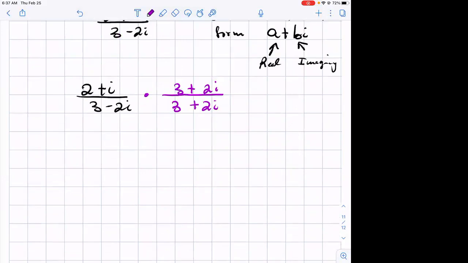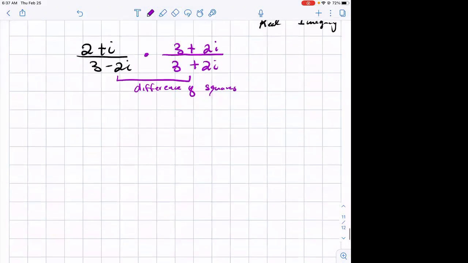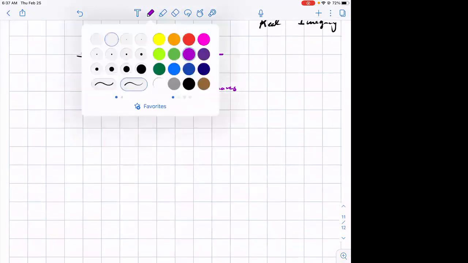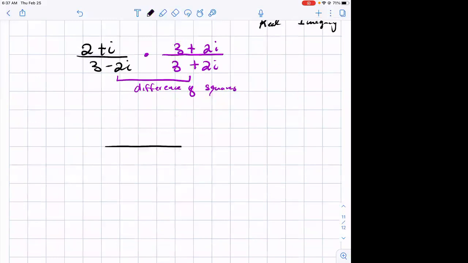Now notice, this is difference of squares. So when you multiply out the bottom, you will get 3 squared minus 2i quantity squared.